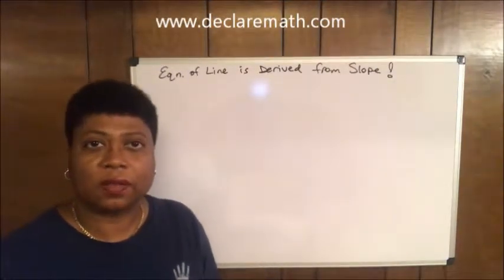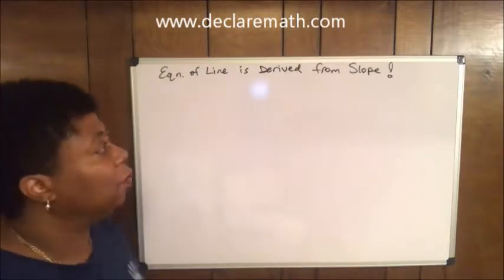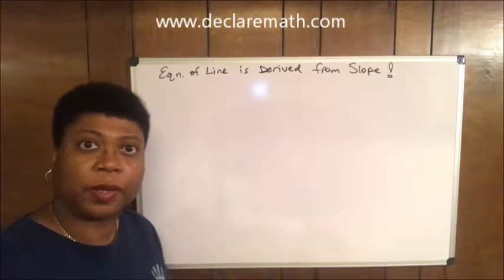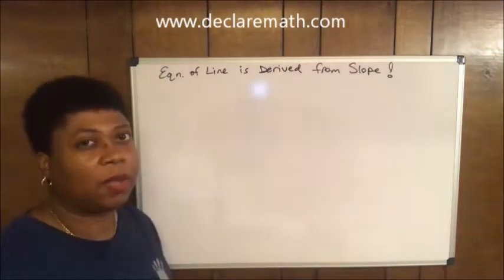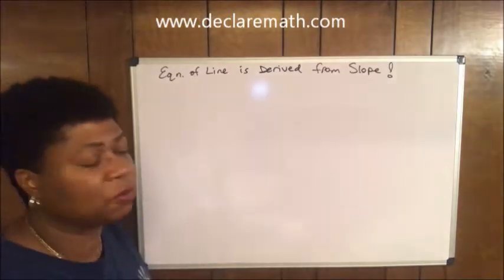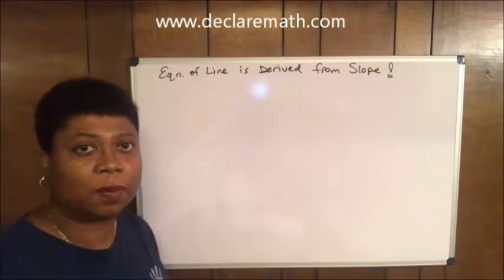The equation of a line, or equations of lines, are derived from the slope formula, okay? You're like, what? Yeah, okay. It all ties in, it's all related. When you figure out those relationships and think things through, a lot of times it can be a lot easier to work the problem.